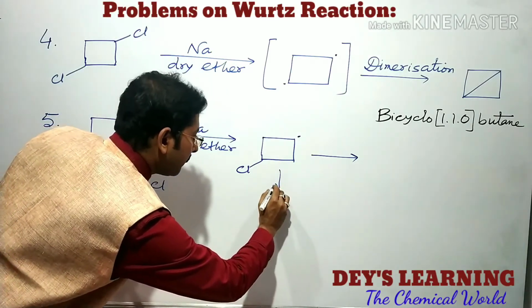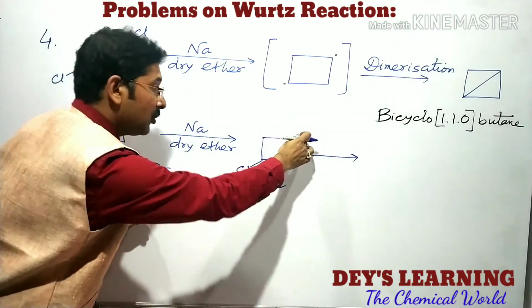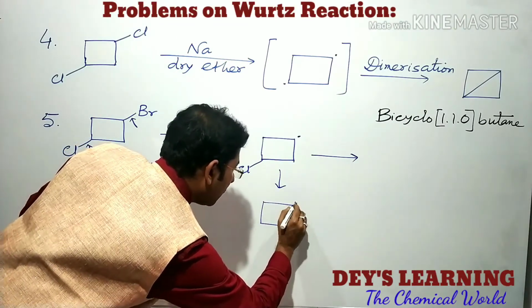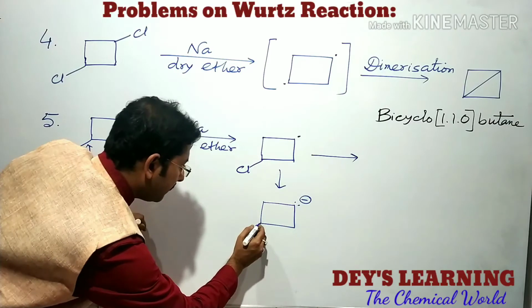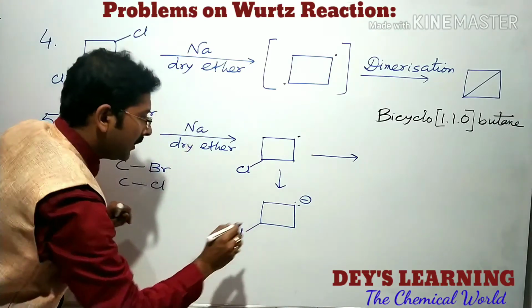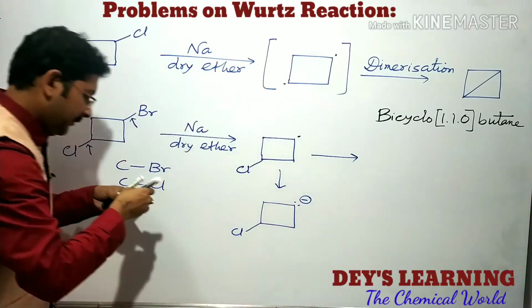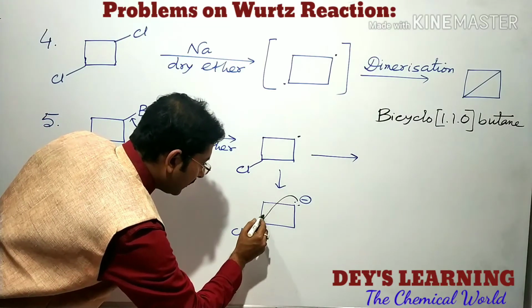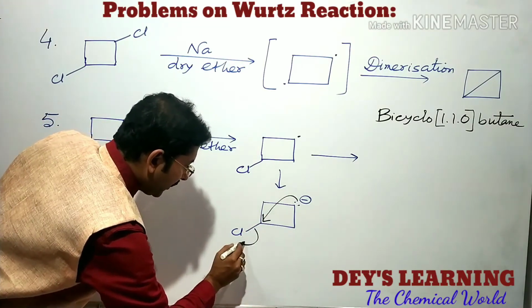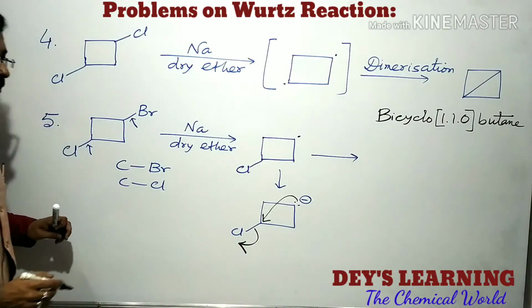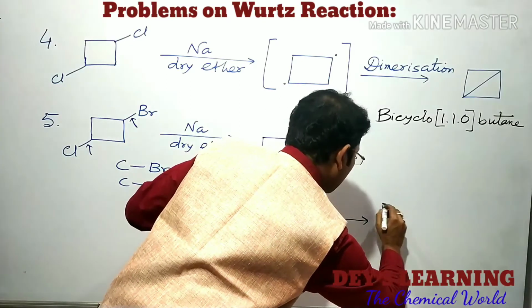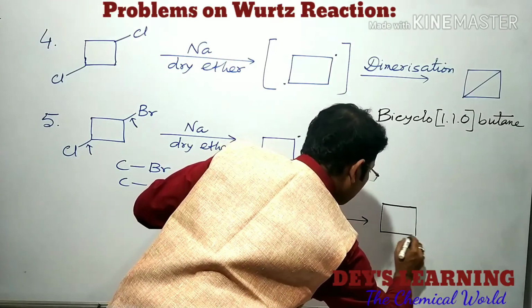If sodium donates another electron over there, it will produce the carbanion, and this negative charge will attack here, and Cl minus will leave the substrate. So we will get again the bicyclic compound.